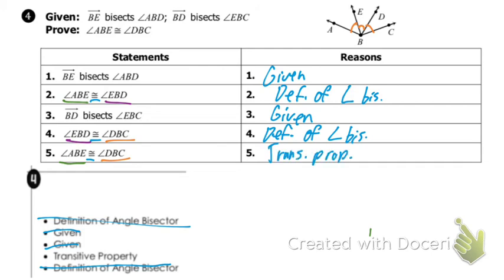I don't know if this will make it more confusing for them, but I was taught that EBD repeats, so you have ABE and then EBD, and then EBD repeats, and then it goes from ABE to DBC. I was taught that when those two repeat themselves, that makes it transitive as well.